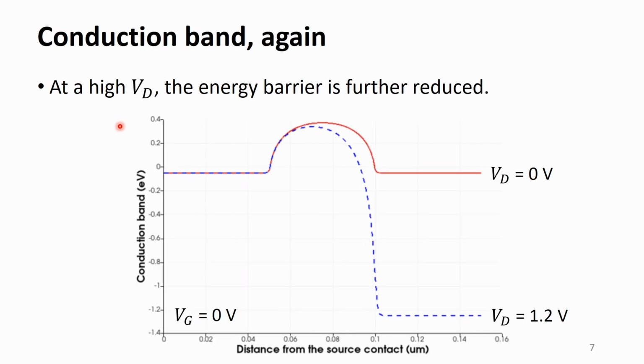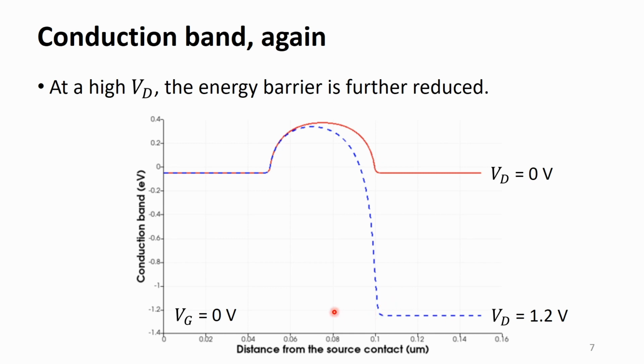Again, in order to understand the DIBL in the short channel device, the conduction band profile is drawn at the interface. The gate voltage is 0 volt and two drain voltages are considered. At a high drain voltage 1.2 volt, the conduction band energy is decreased by 1.2 volt in the drain side.